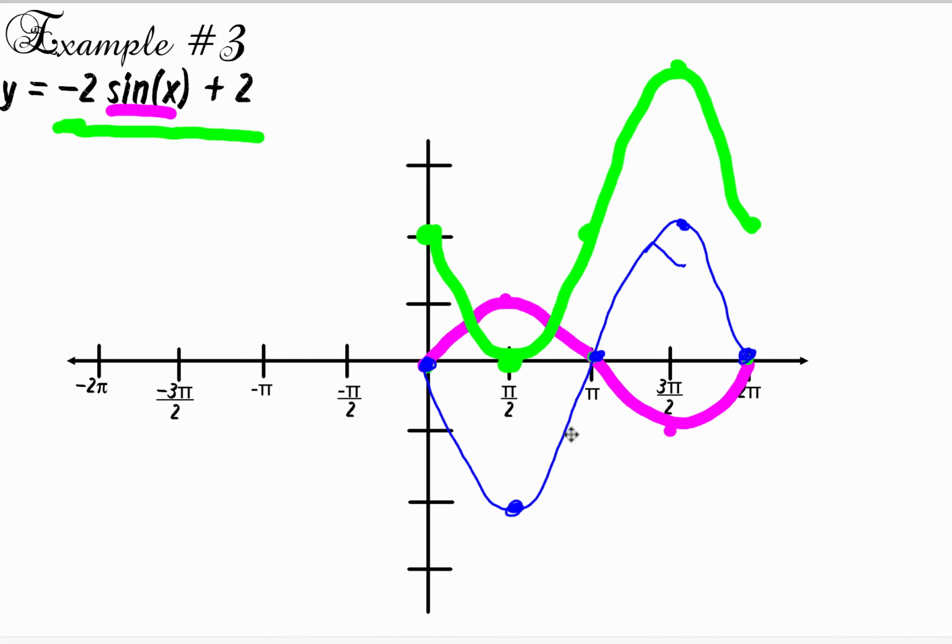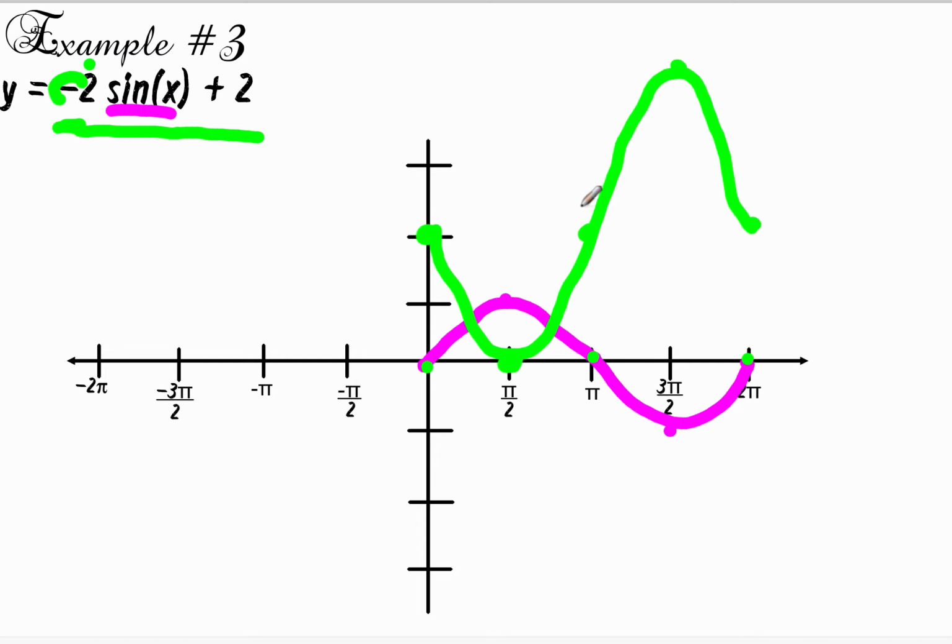So yes, that's why I do all my sine waves in pencil, and I do them one at a time, one transformation at a time to keep my mind straight. Some of you will get good at it and be able to do it all at once. But notice, negative means my sine wave is upside down.